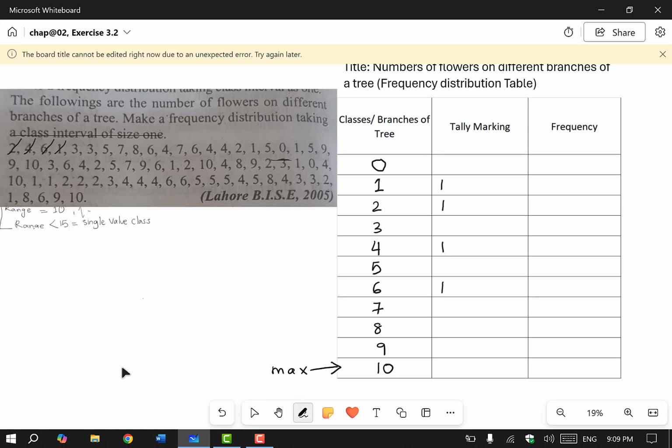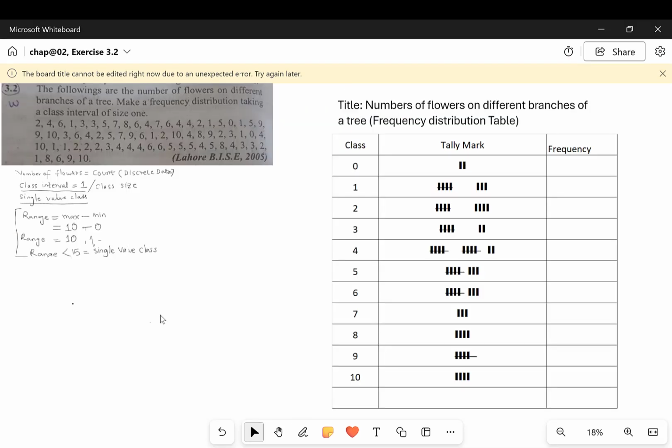We have 3 two times, so we will put 2 marks in class 3. Then 5, 7, 8, then 6, 4, 7, and so on. Similarly, you have to complete all your tally marking by cutting the values in the question and putting 1 mark in the respective class. So I have completed all the tally marks here.